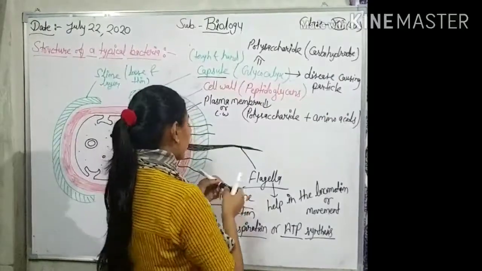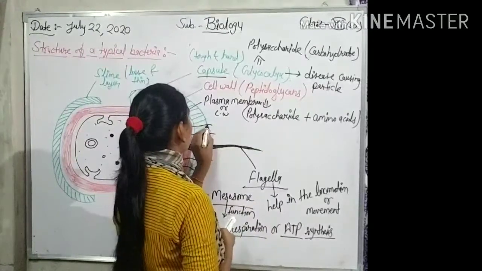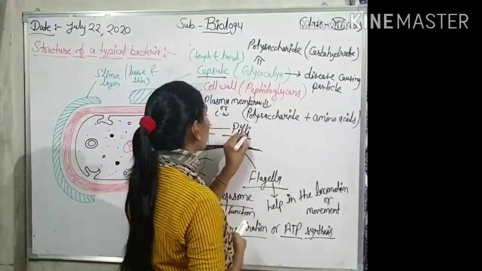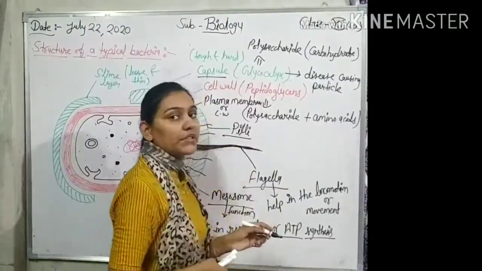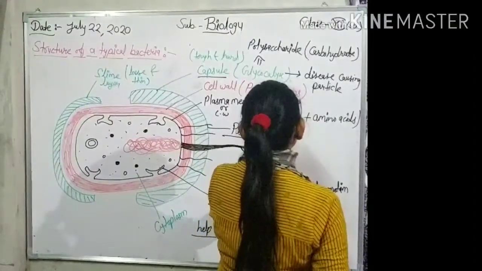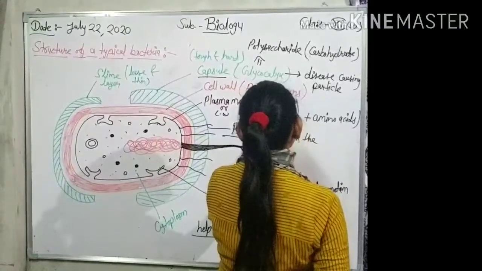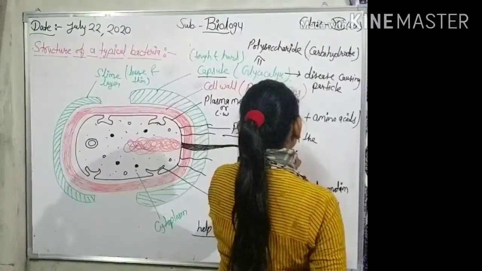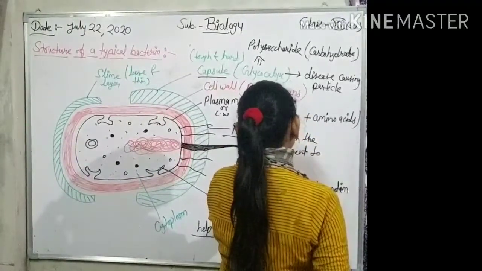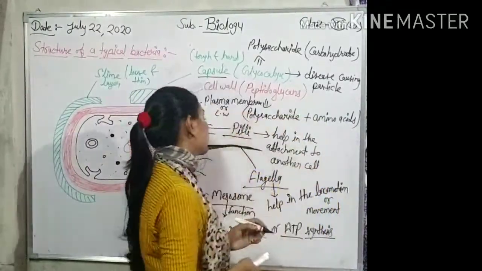Some hair-like structures are also found. These are known as villi. Villi help in attachment to another bacterial cell, as adhesive structures.